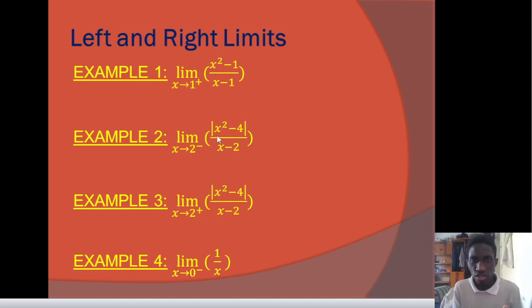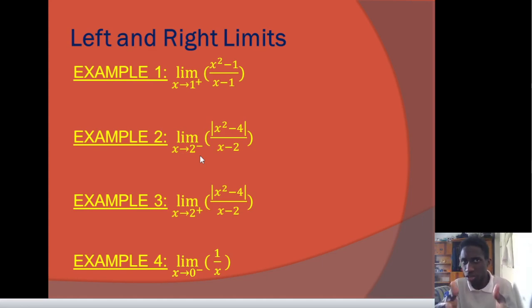So now that we have an idea of what we are looking at, we can better understand what we are being given here. Absolute value of x squared minus 4 divided by x minus 2. And we're asked to evaluate the limit of this function as x approaches 2 from the left. Now, a word of advice here is that whenever you see absolute value of anything, you've got to switch on your awareness. You've got to be alert.